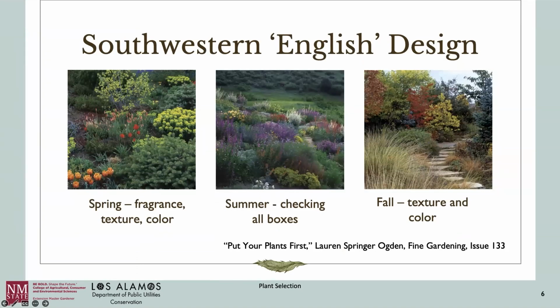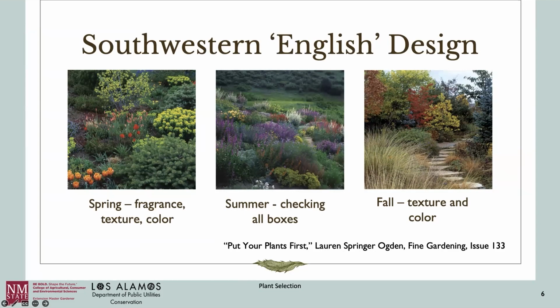And this is adapted to the Southwest though. So we call this the Southwestern English design. This example provides lots of variety of fragrances, of texture, of form, color, pollinator attractants, and it's beautiful through all seasons. Now you have to remember, you don't have to have the same design aesthetic in each area of your yard.